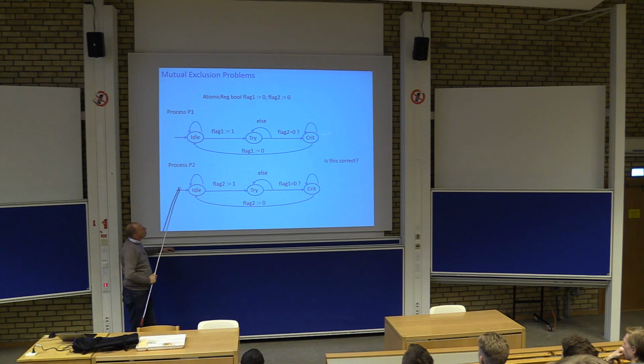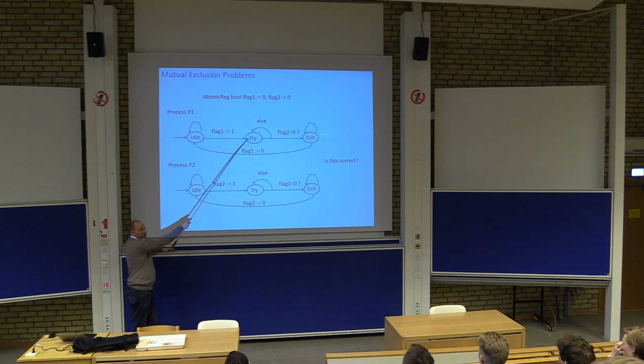Yeah. So which state is a live lock state here? Try. Yeah. So if both go into these two states, so P1 sets flag 1 to 1, and P2 sets flag 2 to 1, then we are here, right?